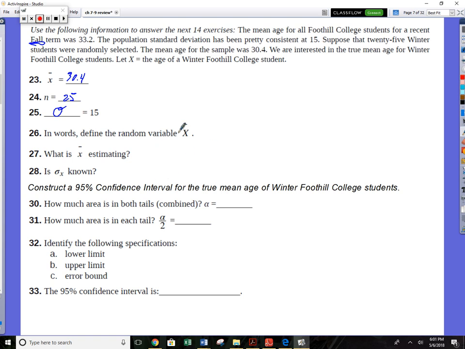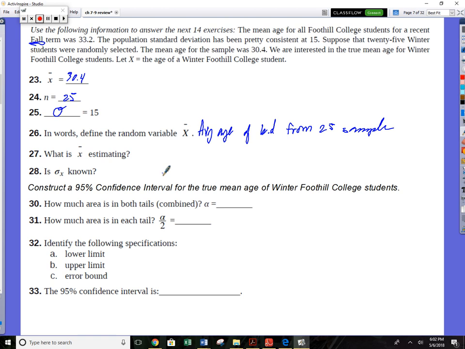Okay, so in words, let's describe the random variable x bar. That's different than x. So x bar is going to be the average age from that sample of 25 students.